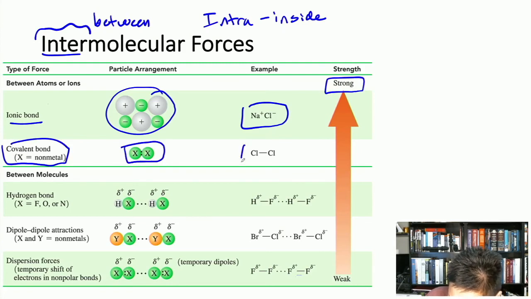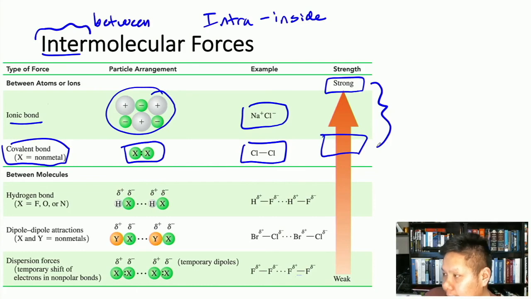A good example of that is two chlorines put together, also very strong. So they just have these two here to give you perspective or context into how strong each of these intermolecular forces are as compared to actual bonds. So don't confuse a bond with an intermolecular force.